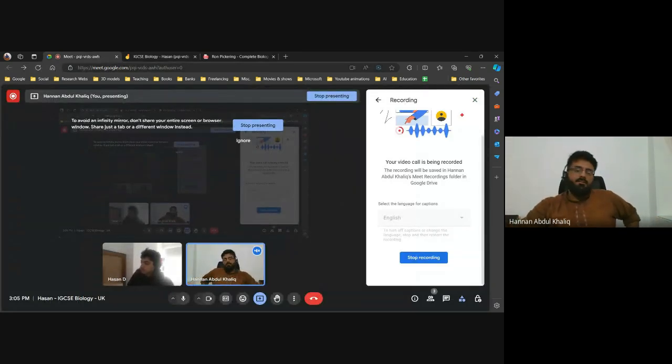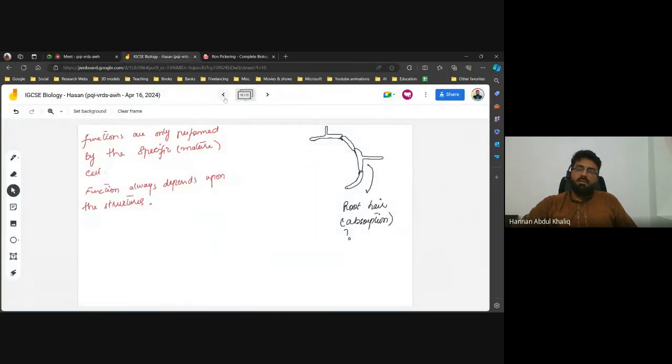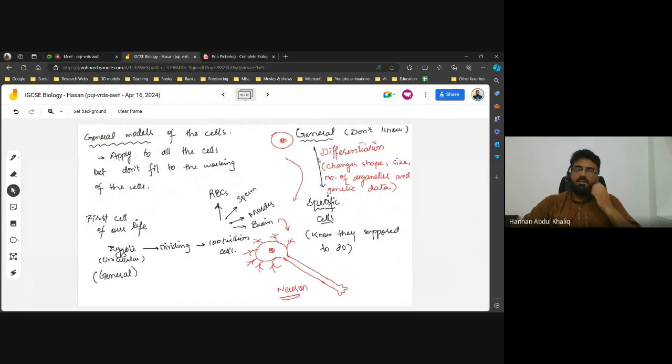The cells have to change themselves to perform their function perfectly. That particular way in which the cells change themselves is called differentiation. And I told you differentiation is a phenomenon of changing shape, size, number of organelles, and genetic information or genetic data.